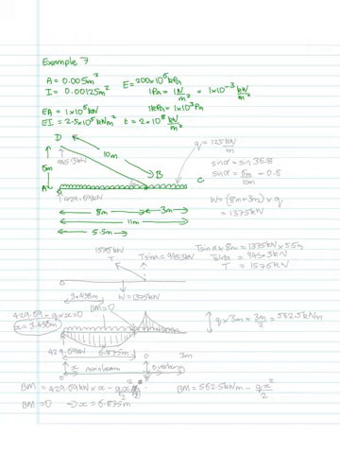Along this we've got a UDL, Q, and Q is helpfully in the units. Q is 125 kilonewtons per meter.